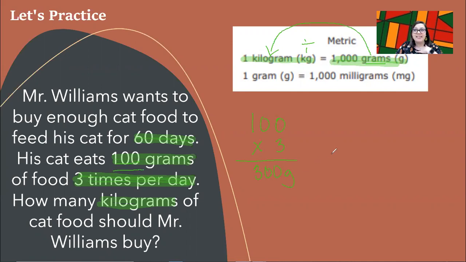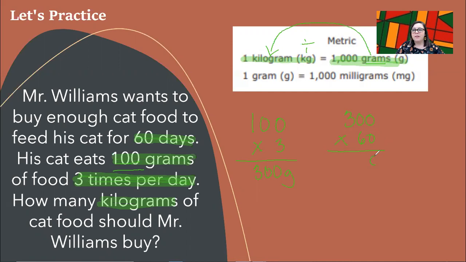How many days does he want to feed his cat for? 60, very good. So we're going to now multiply 300 grams per day times 60 days.